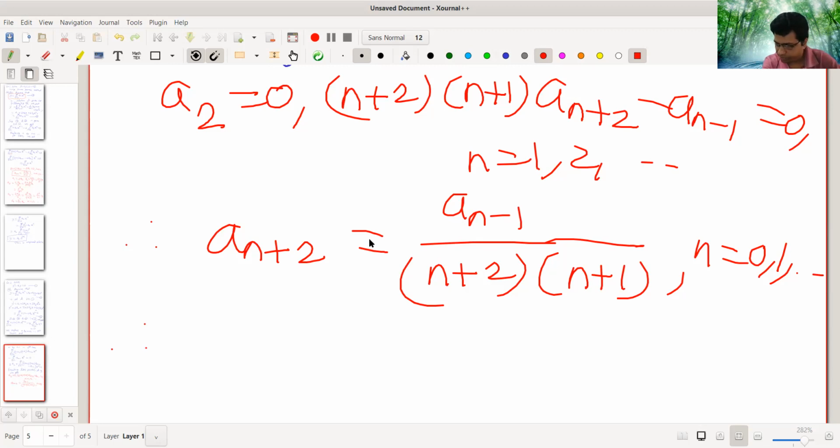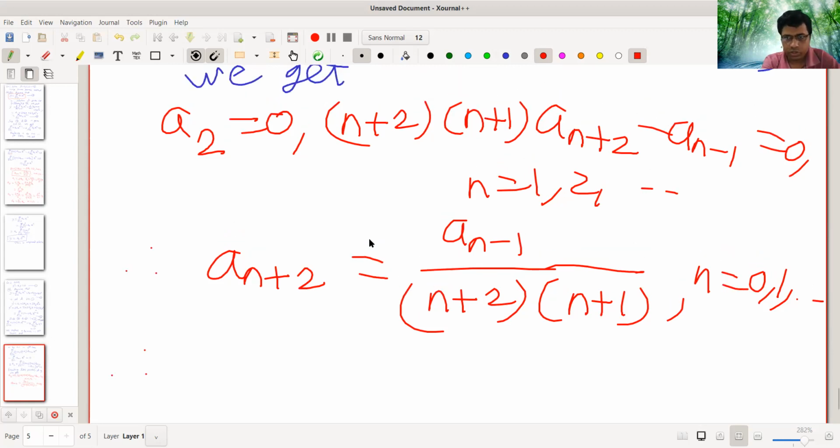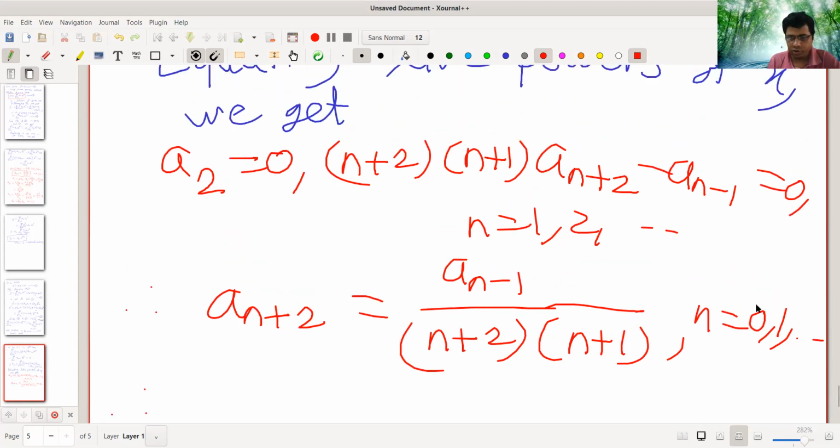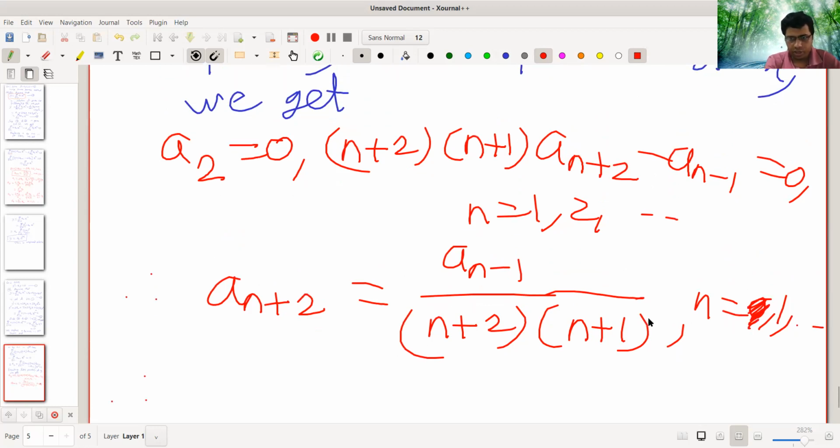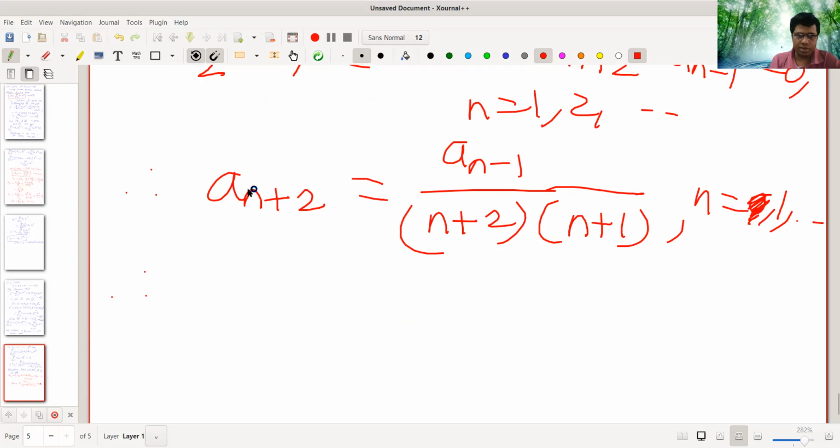just a minute. n should start from 1, not from 0. Now for n equal to 1, we have n is 1, so a3 is a0 divided by 3 into 2.